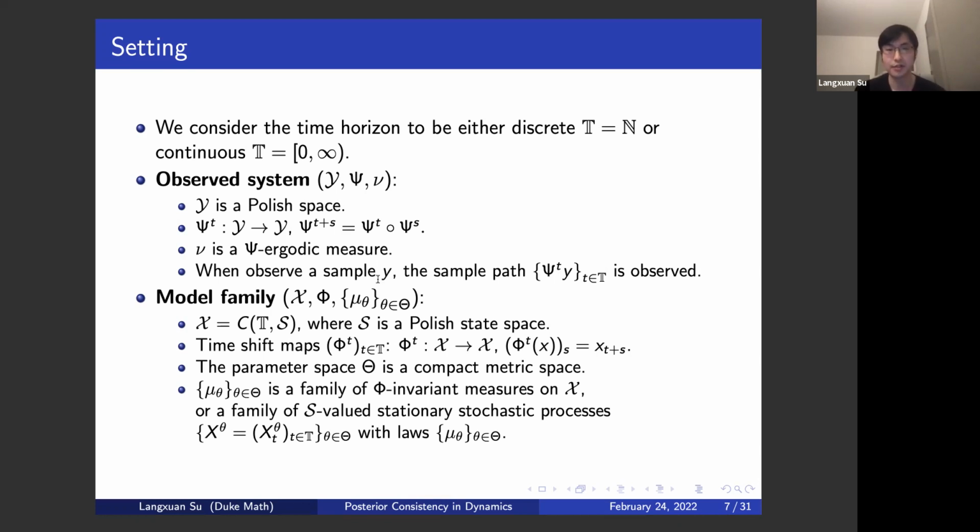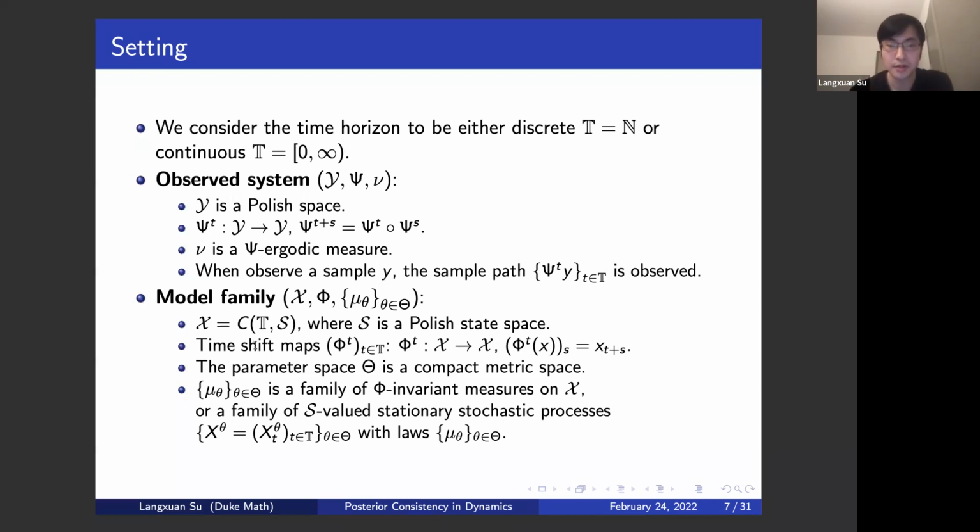In this case, we made a choice that the space is the space of continuous paths from time to some Polish state space. Basically, we want to model the observed system using stochastic processes that have the canonical space of this continuous path space.